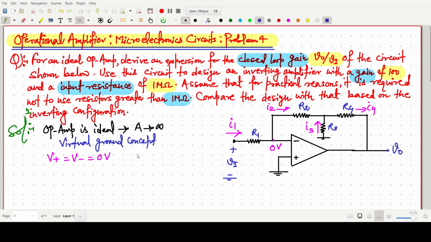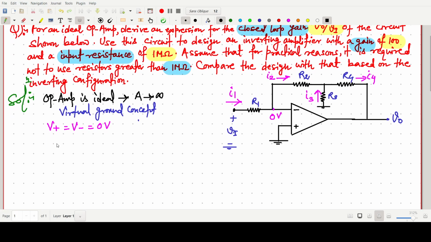Every time I say A tends to infinity, we have to use the virtual ground concept. So this voltage is the same as this one, and we can find the value of I1. R1 resistance is there, this current is our I1, and this potential is Vi, and this one is 0 volt.